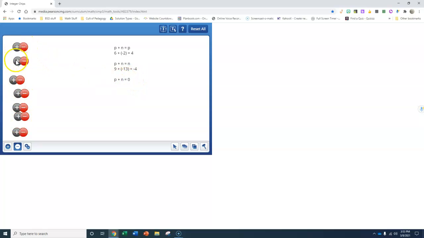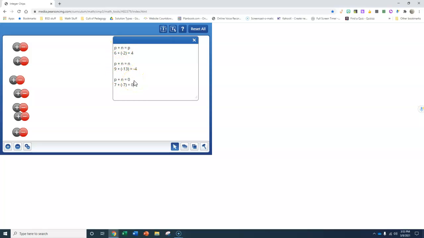So what I have is 1, 2, 3, 4, 5, 6, 7 positive, 1, 2, 3, 4, 5, 6, 7 negative. So now what I can do is I can say 7 plus negative 7 equals 0. And that is my third example for page 10, which is positive plus negative.